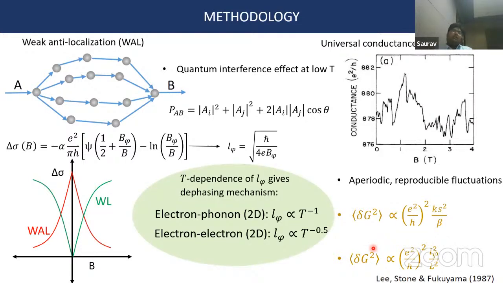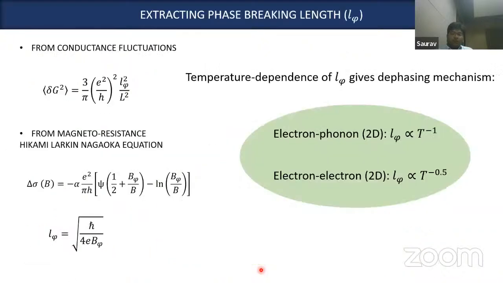In 2D, for electron-phonon, L_phi goes as 1 over T, whereas for electron interactions, L_phi is 1 over T to the power half. So these are our two main tools to investigate the dephasing mechanisms in these samples. Essentially, we extract L_phi either from delta G squared or from magnetoresistance, and look at how it evolves as a function of temperature.